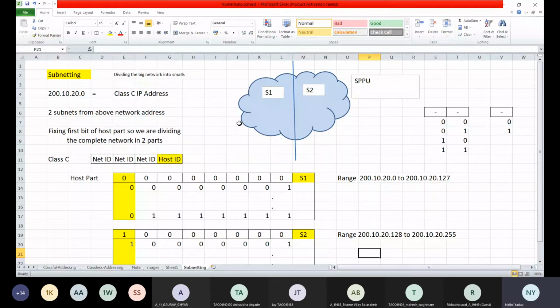Now here my IP address is from class C. That's the reason my host has just 8 bits, that is 1 byte host. So out of this 1 byte host, the first bit, the MSB, is fixed for identification of the subnet, and the remaining bits will be varied for identifying the hosts which are getting attached to the subnet.